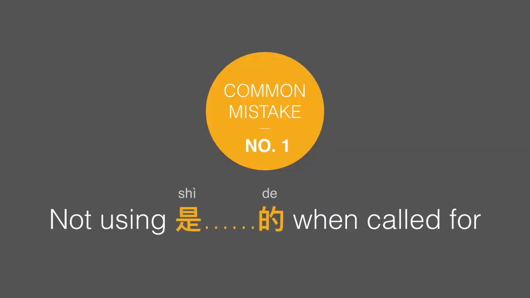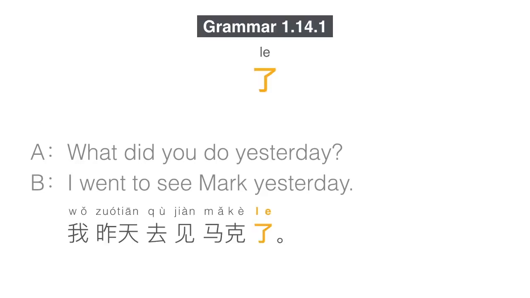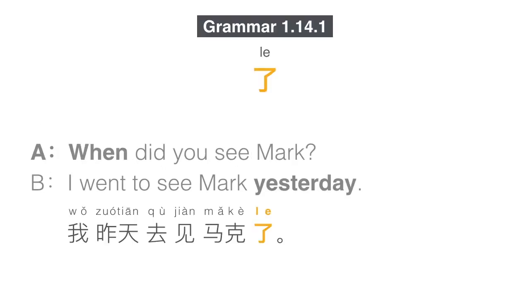Hey guys, welcome back to Chinese Zero to Hero. Today, we'll look at a very common mistake in Chinese, that is not using the 是...的 construction when called for. First, take a look at this English dialogue. What did you do yesterday? I went to see Mark yesterday. 我昨天去见马克了. When did you see Mark? I went to see Mark yesterday. 我昨天去见马克了. That would be wrong.